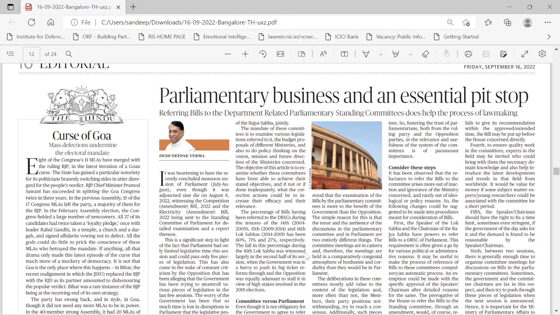Whenever it goes to the parliamentary committee, it will be considered from all perspectives, all the stakeholders' perspectives. What is the meaning of stakeholders? Those who will be affected because of that particular bill. So everyone will benefit if the bill passes through the parliamentary committees.